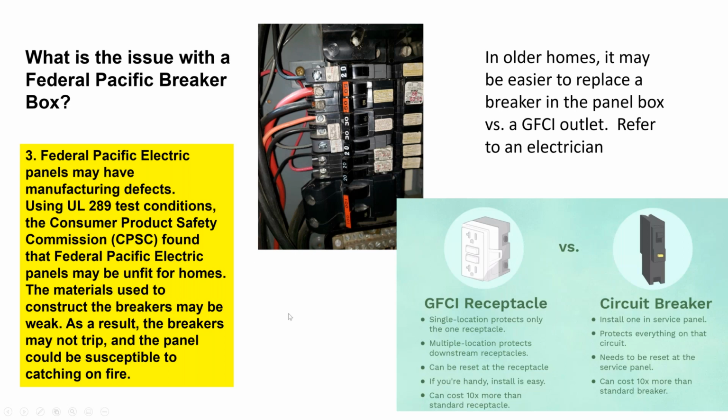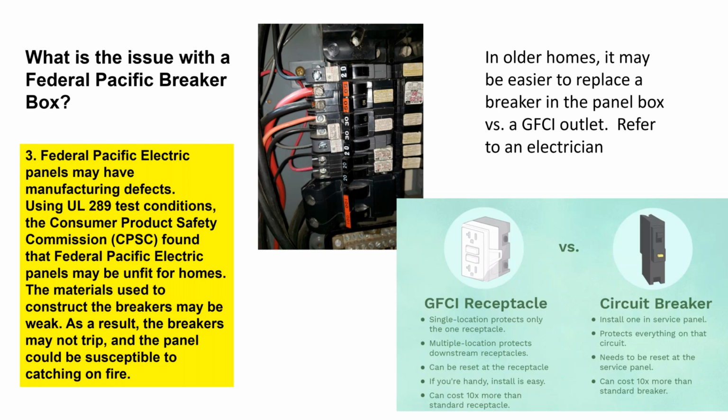In older homes, it could be easier to replace a breaker in the panel box rather than installing a GFI. GFIs are ground fault interrupters. They will come up on your home inspection report because they are required now to be by water. So any kitchen, bathroom, exterior, basement by the laundry, GFIs are law. They're required.